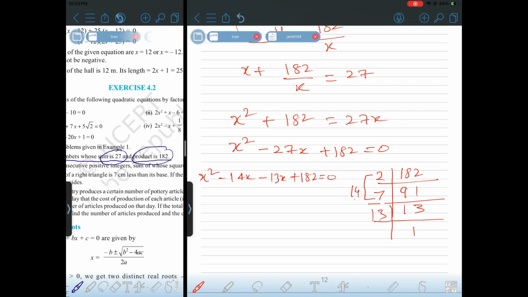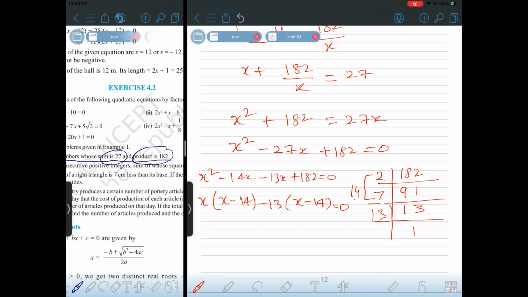Now we have to find the common factors, and then solve in a similar fashion. So we can take x common here, so that becomes x minus 14. And if you take 13 common here, minus 13, that again gives you x minus 14. You can verify that by multiplying 13 by 14.